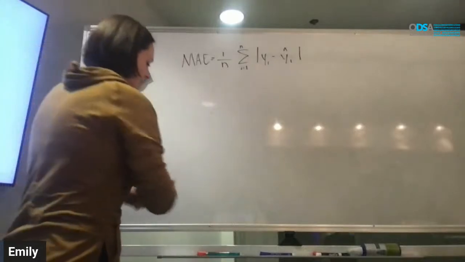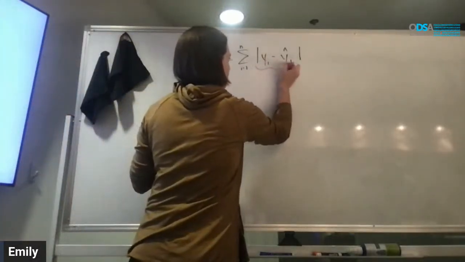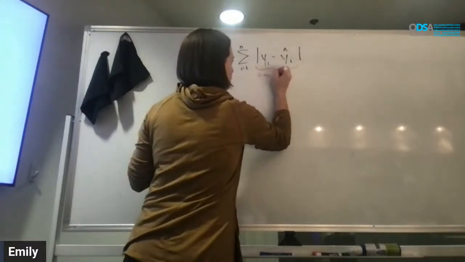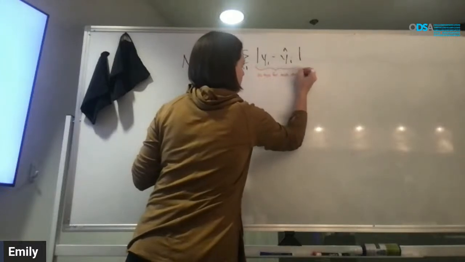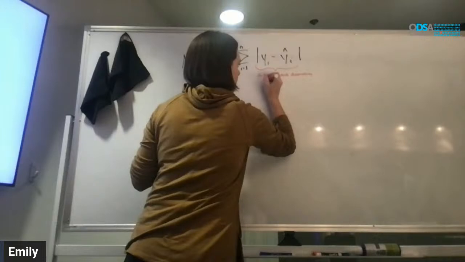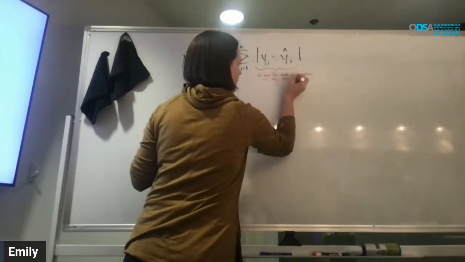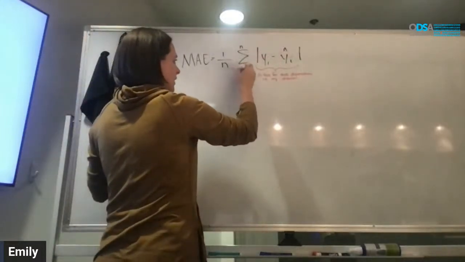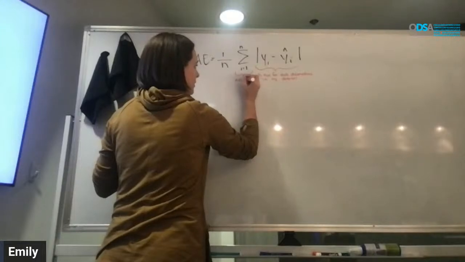So we're saying do this for each observation in my data set. So do whatever it says in this function. And then we're saying add all that together.